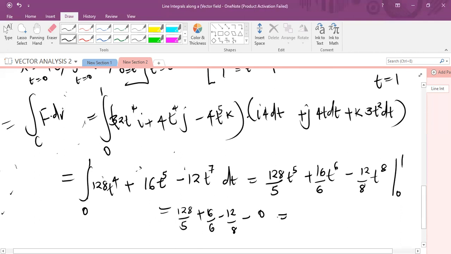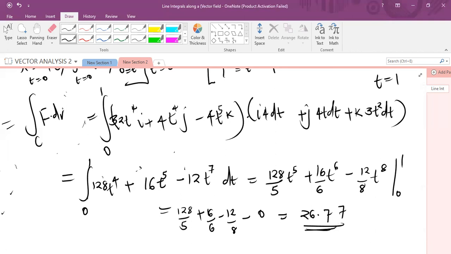So if we evaluate all that, we should be able to get 26.77 as our answer. And basically, that's how we go about integrating a line integral when you're given a vector field. Okay.